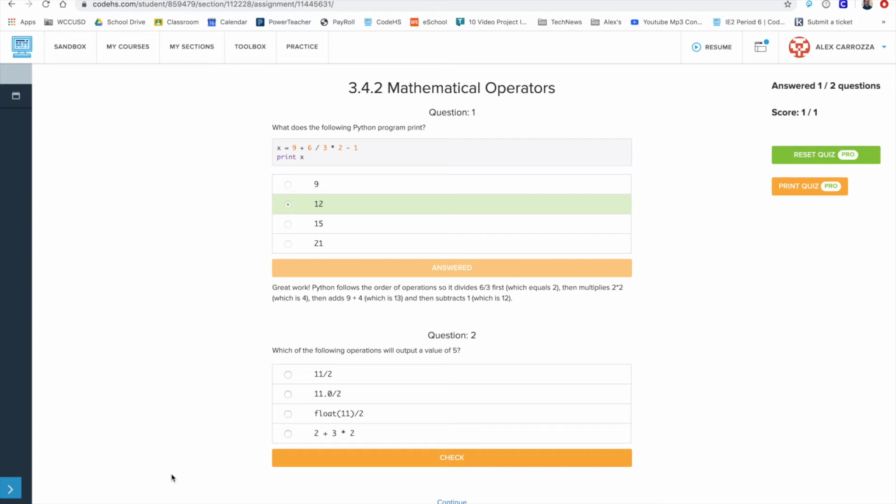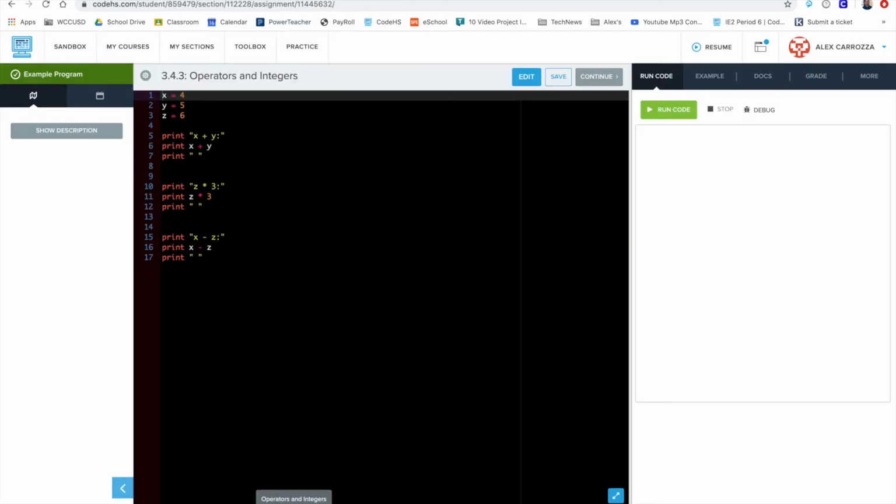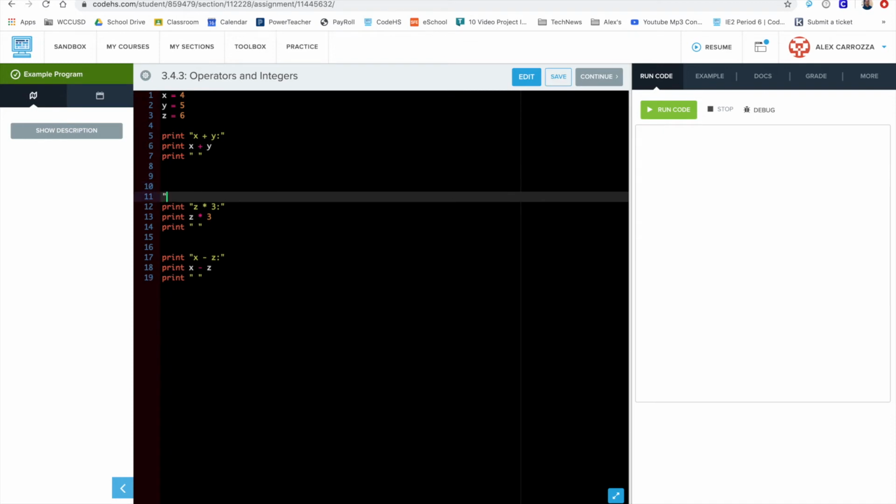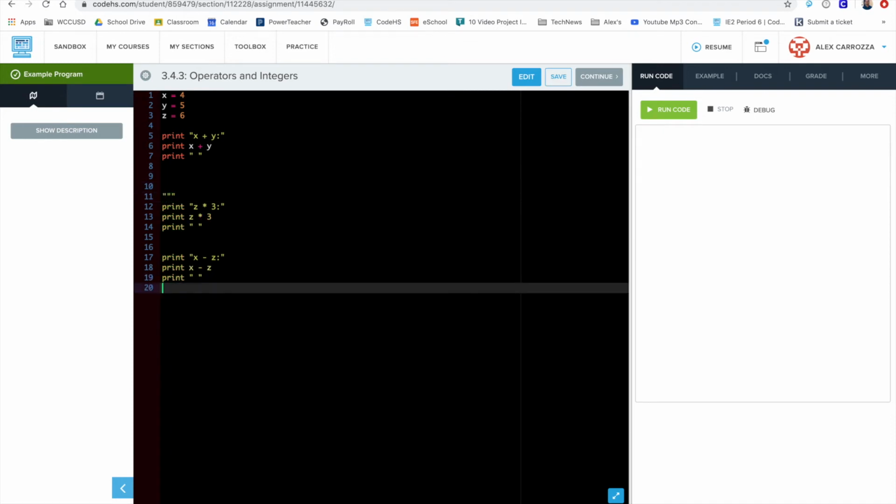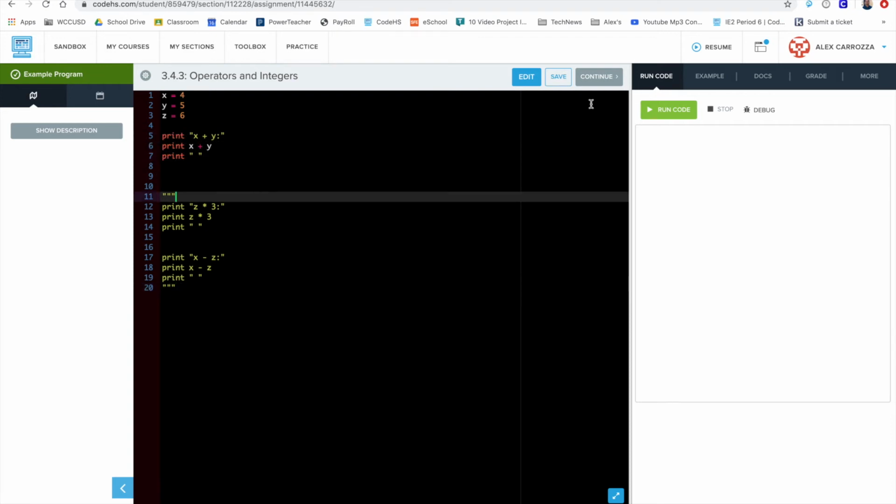Now let's go through the first example that CodeHS provides us. All right, so we have 3 variables holding some values right here. We have x equals 4, y equals 5, and z equals 6. Let's comment this, that way we don't see it print out. That way we can just focus on lines 5 to 7.